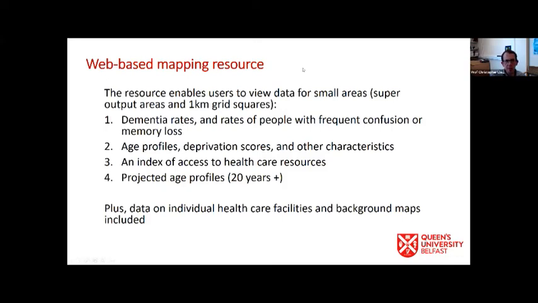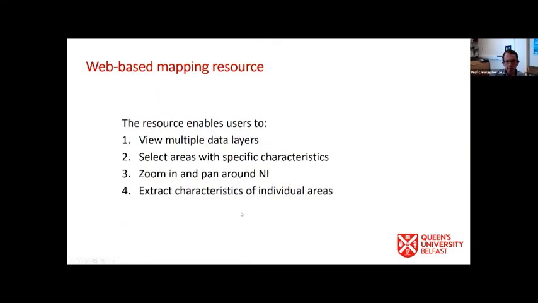So in the remaining time, we've got this web-based mapping resource that lets you look at data for super output areas and 1 kilometre grid squares. We've got these estimates of dementia rates that I've talked about, and also a variety of census-based variables, including people living with frequent confusion or memory loss, age profiles, deprivation, etc. We've got this index of access to healthcare resources, and then these projected age profiles, but also healthcare facilities and background maps.